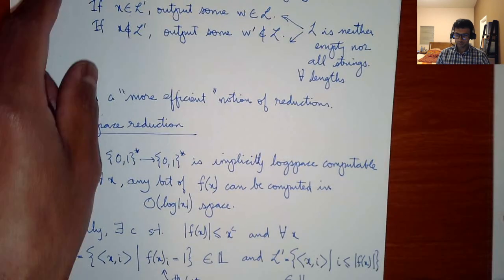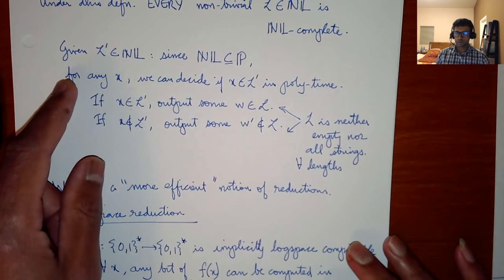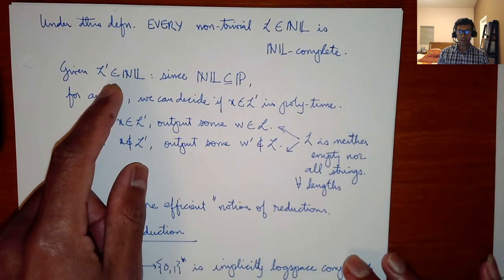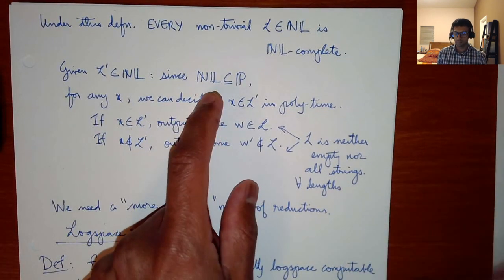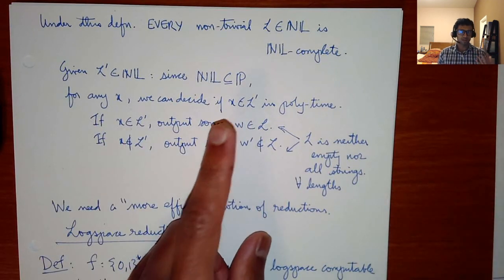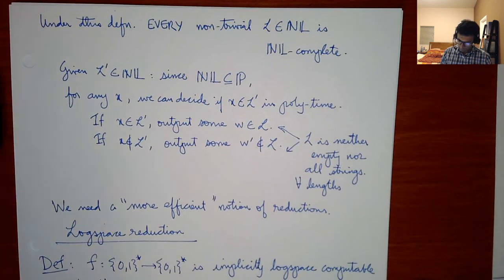As I discussed, if you take any language L prime in NL, since NL is contained in P, given any x, you can think of a machine that just decides whether it's in L prime in polynomial time.